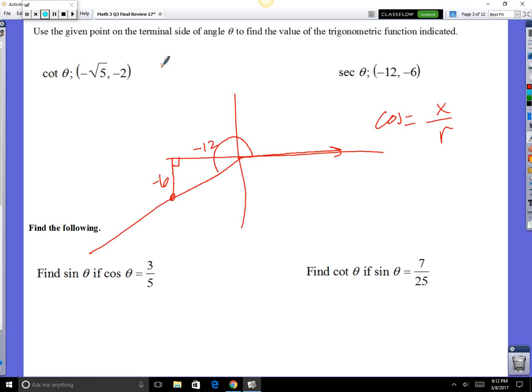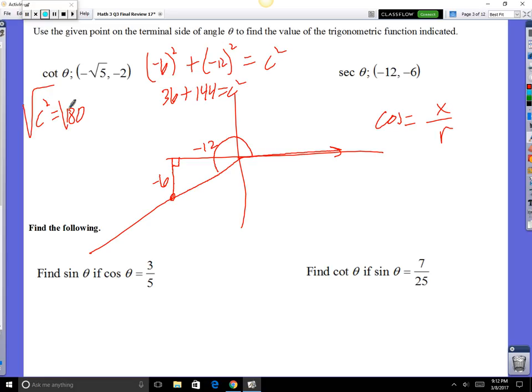So I'm going to do negative 6 squared plus negative 12 squared equals c squared. So that's going to simplify to be a positive 36 and a positive 144 equals c squared. And 36 plus 144, so we got c squared equals 180.